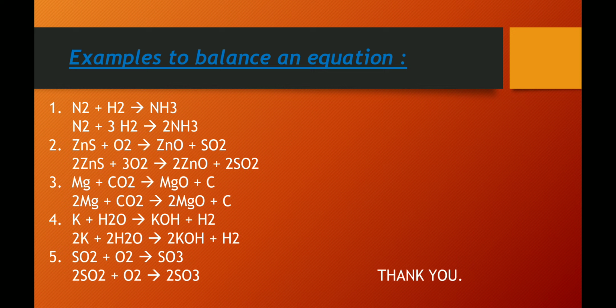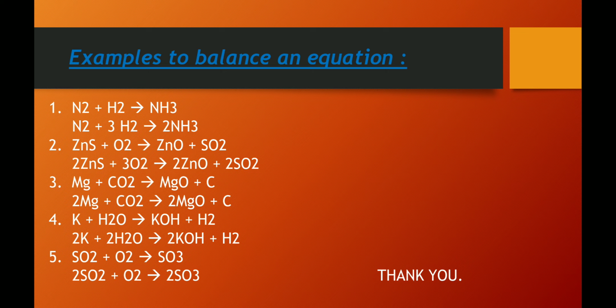Balancing the equation must be done by the hit and trial method. That implies we will take some digits on the reactant side and on the product side. If the number of atoms on both sides are not equal, then we have to change the digits as per the need in order to make both sides, the reactants and the products, have an equal number of atoms.